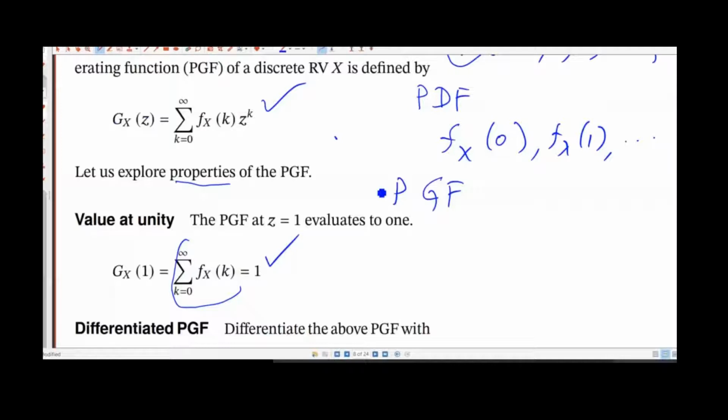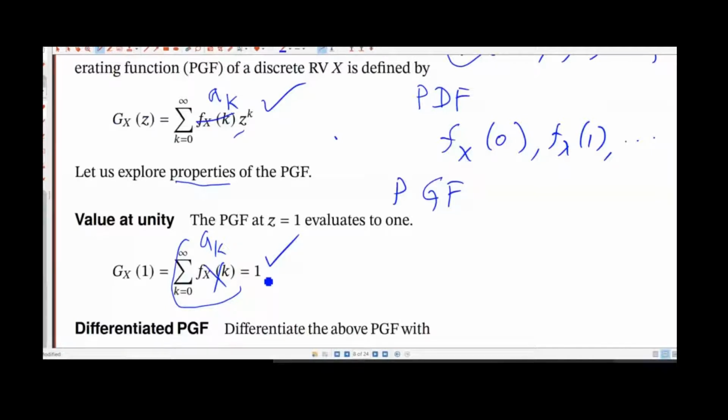Why? Because if I replace this f_X(k) with any sequence a_k, in the above example, what will I get here? This will be a_k. Can I guarantee that any sequence will sum up to 1?